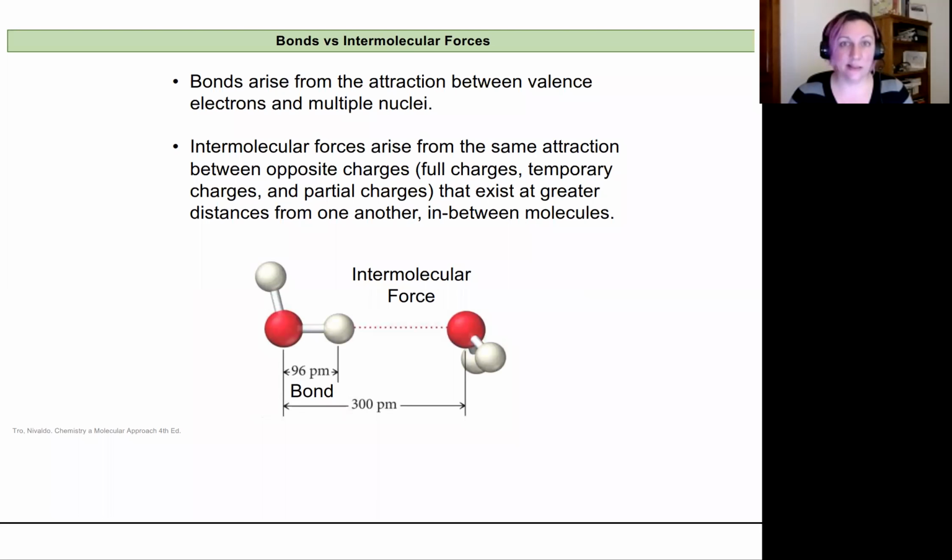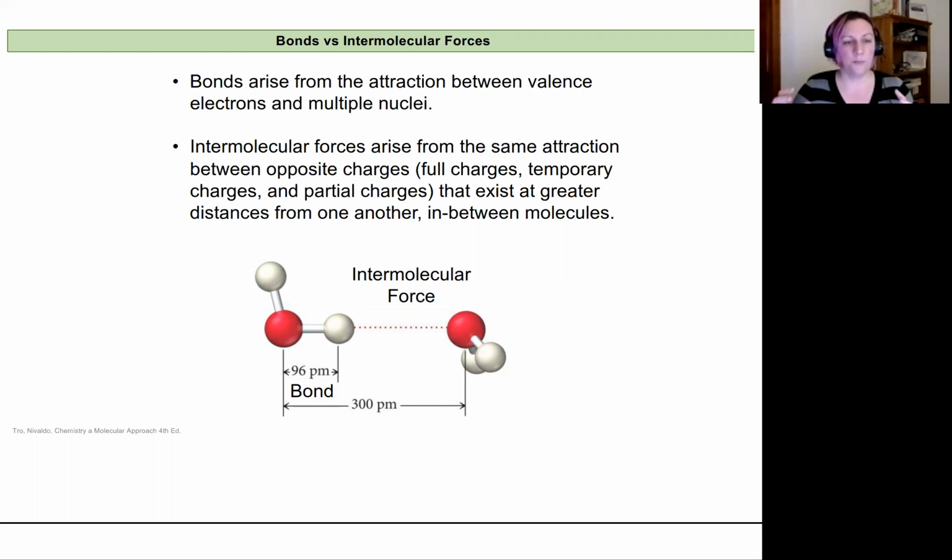We recently discussed bonding in the previous class, and we talked about how bonds arise from the attraction between valence electrons on one atom to the nucleus of the atom they are a part of, and then another nucleus of another atom. And so these valence electrons get attracted to two different nuclei, and they kind of overlap in a way.